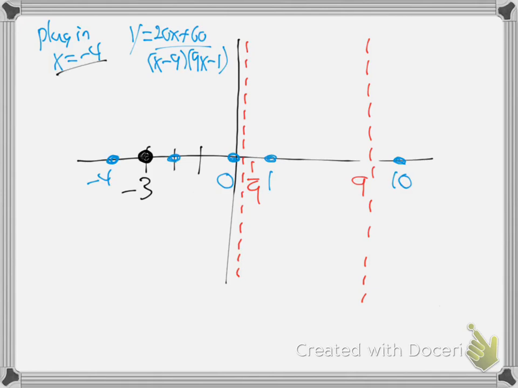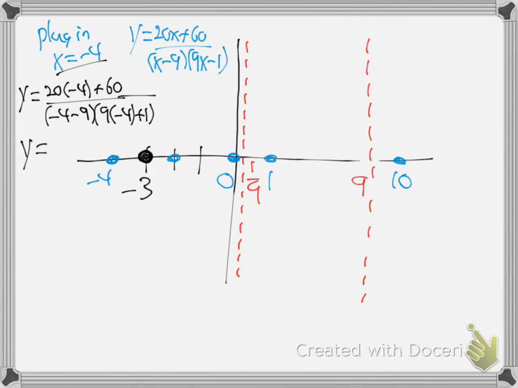So plug in negative 4: y equals 20 times minus 4 plus 60, over minus 4 minus 9, 9 times minus 4 plus 1. All I care about there is positive or negative. The top is negative 80 plus 60, which is negative.